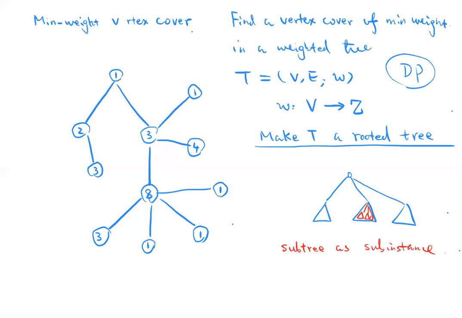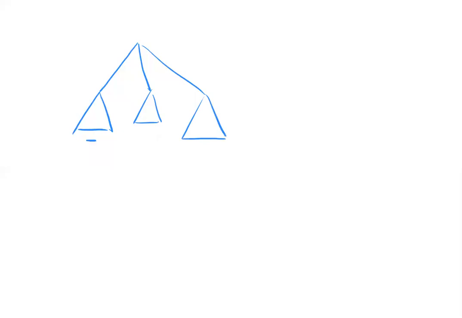All right. So first step, make it a rooted tree. Then we have this. Okay. So then what we need to do is just consider a picture like this. It has subtrees, say T1, T2, up to Tk.